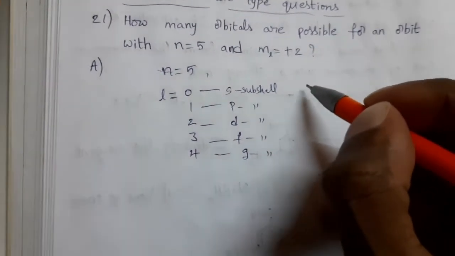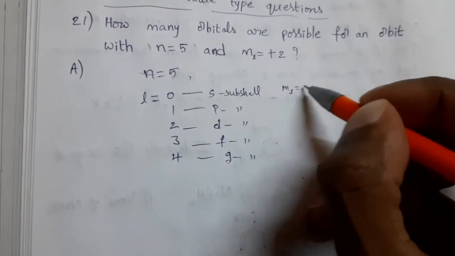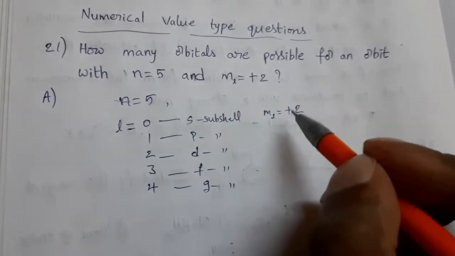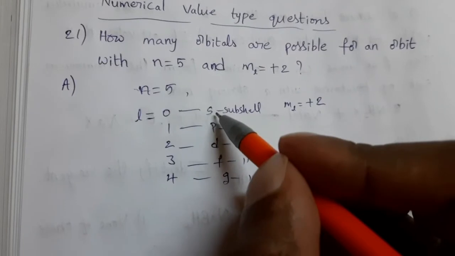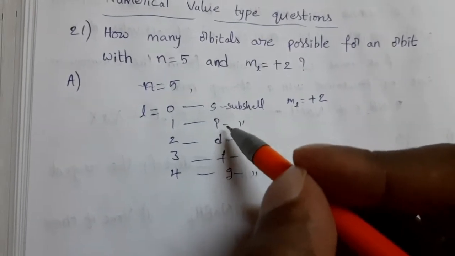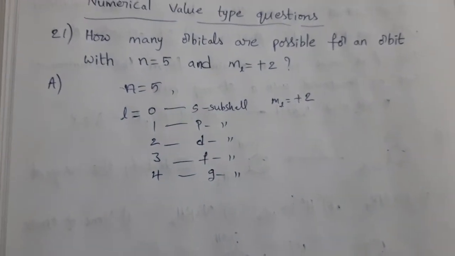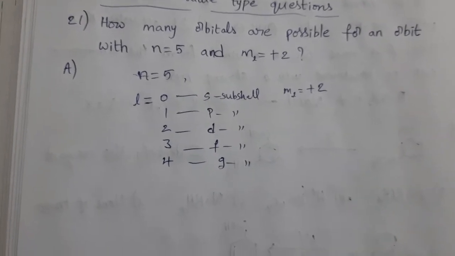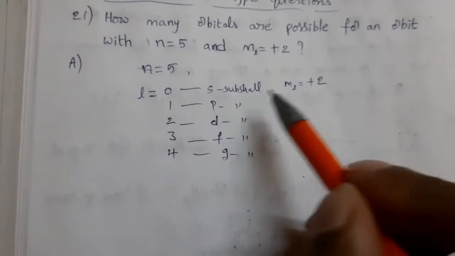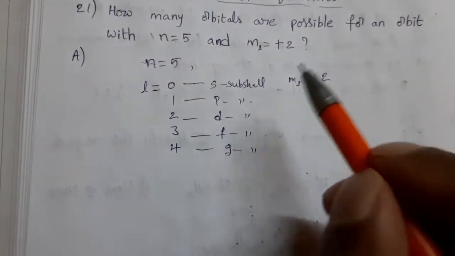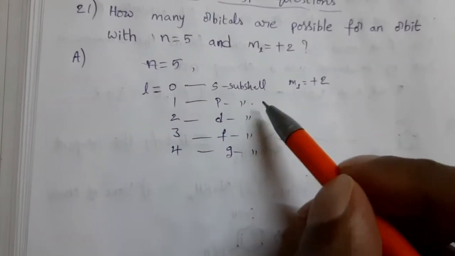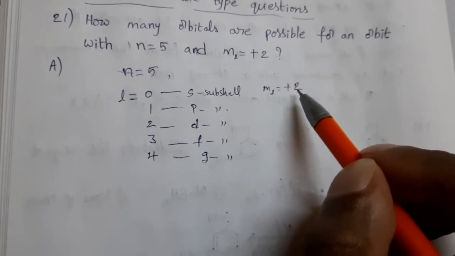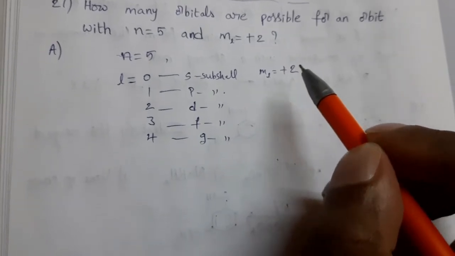Now ml equal to plus 2: for the s orbital, 0 is the magnetic quantum number; for p orbital, 3 values are possible: -1, 0, +1. So plus 2 is not possible for s and p subshells.